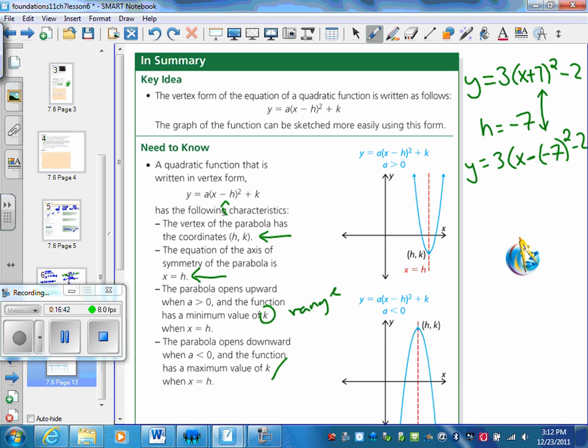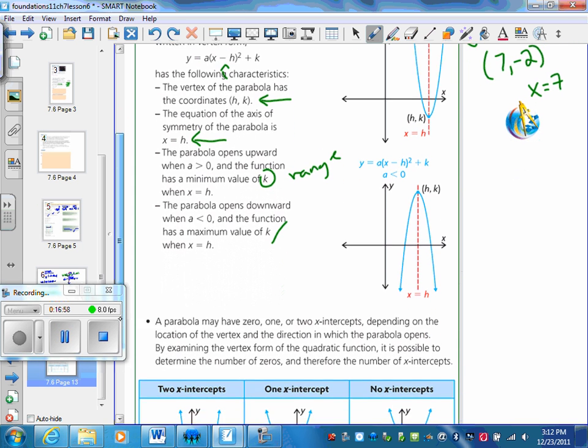This is going to be an error you make. So the vertex in this case is negative 7, 2. The axis of symmetry is x equals negative 7. You always have your graphing calculator handy to check these as well, but that's an important point.